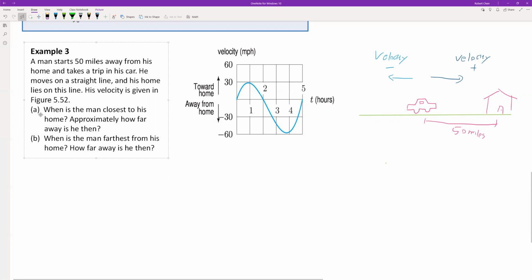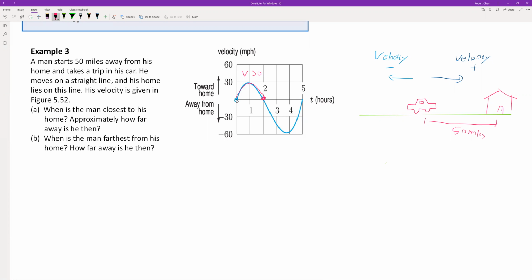Let's see. We started at 0 right here, and from that point on, it's all positive. The velocity is positive until here. That means between time equal to 0 and time equal to 2, this man is traveling towards his house.